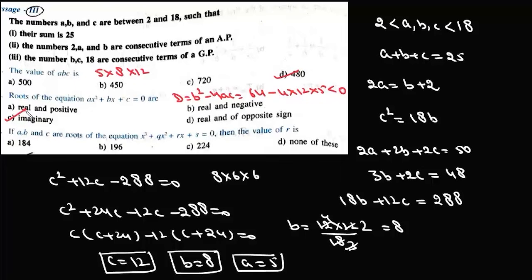And it says, if A, B, C are roots of this cubic equation, then find the value of R. Basically, AB plus BC plus CA is equal to R. So this R will be 12 into 8, 96, plus 12 into 5, 60, plus 5 into 8, 40, and that gives 196, and that's your option B. So correct options are D, C and B.